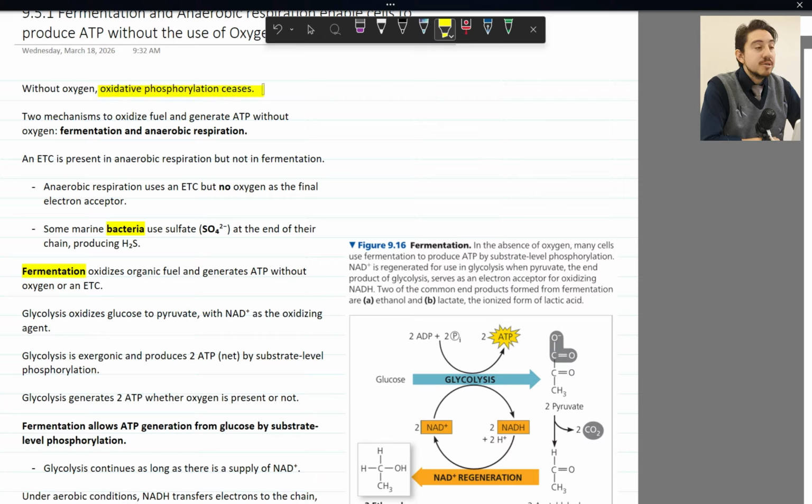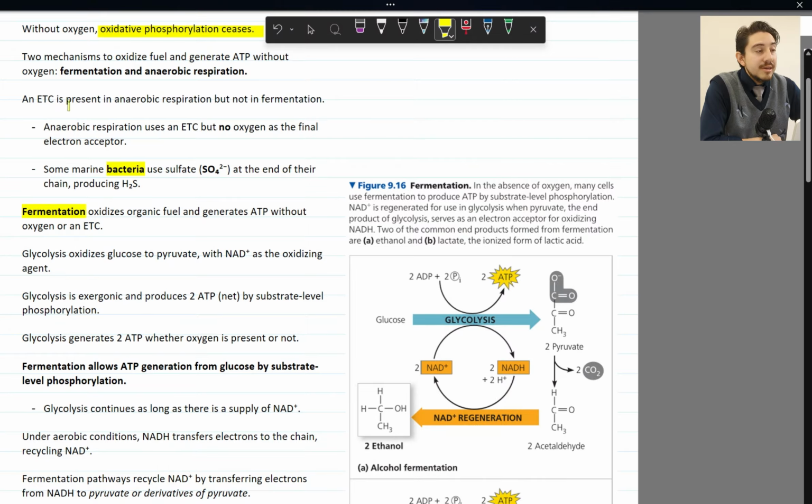You don't have that last acceptor for electrons, so the whole system will stop. So what happens? There are two mechanisms that can oxidize fuel and generate ATP without oxygen: fermentation and anaerobic respiration. Okay, there are two different things.